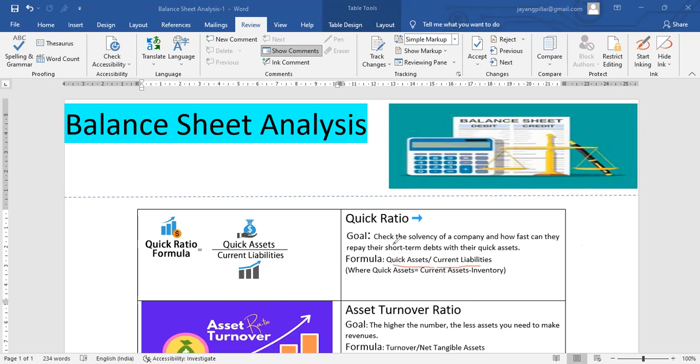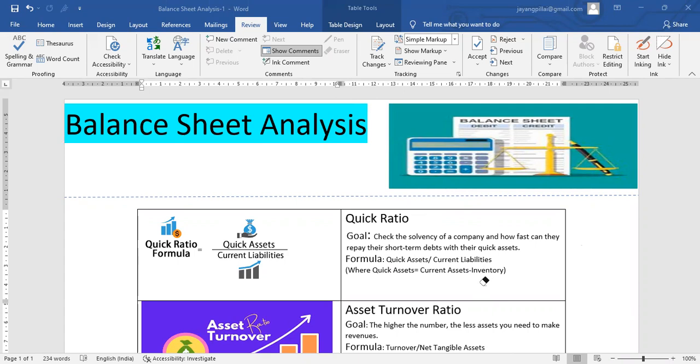And this quick ratio can be useful in knowing the solvency of a company and how fast they can repay the short-term debts with their quick assets. So quick assets are current assets minus inventory. Current assets involve inventory also, but when we subtract inventory from the current assets, we get the quick assets.